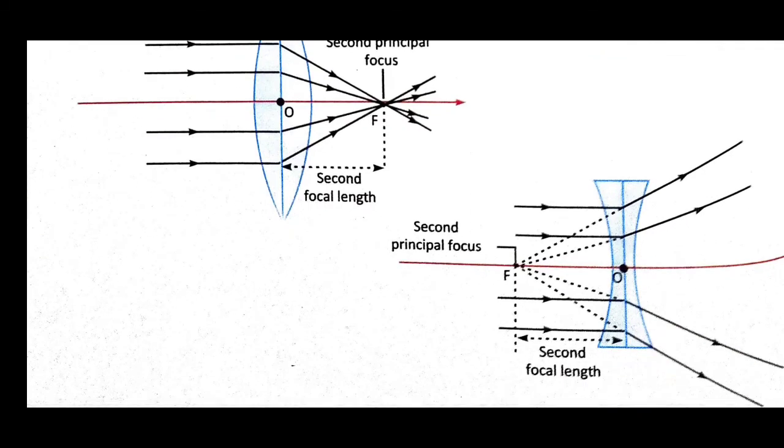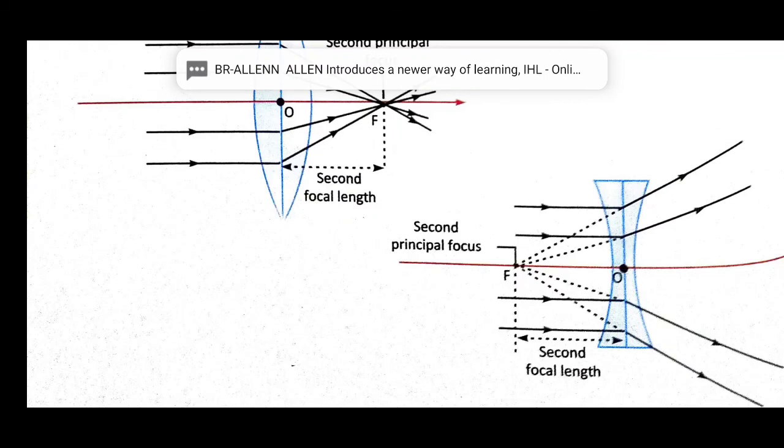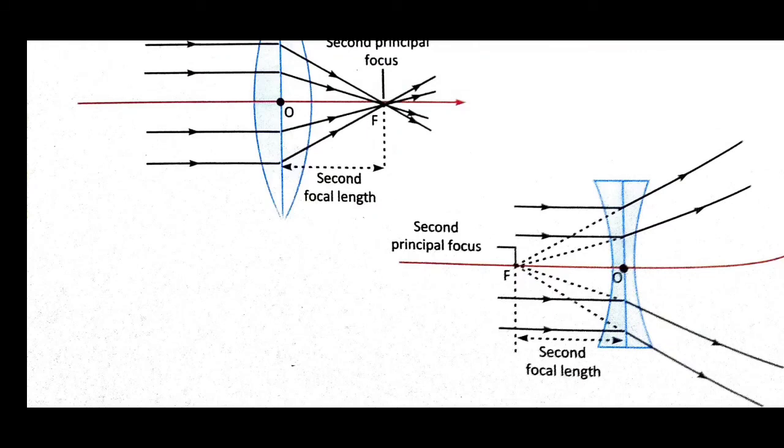But whenever you have to define the principal focus of a concave lens, you draw the second image and you write the point on the principal axis from where all the incident rays which are nearer and parallel to the principal axis appear to diverge after refraction through the lens.